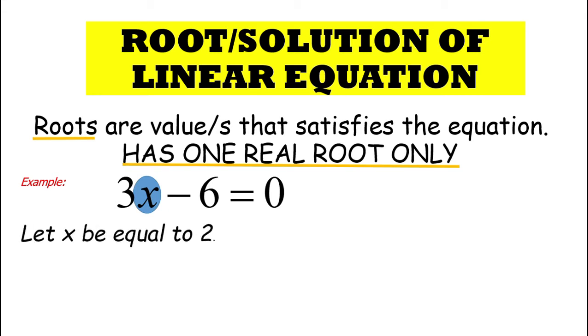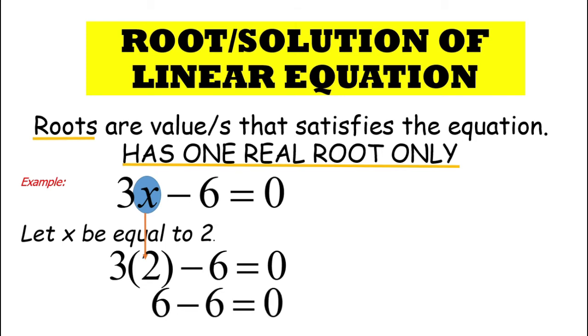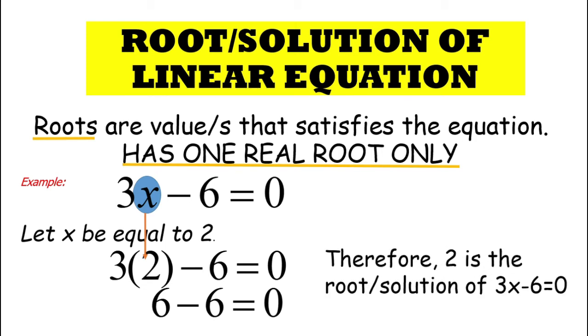So the value of x is equal to 2 because 3 times 2 minus 6 equals 0. 3 times 2 is 6, and 6 minus 6 equals 0 is true. Therefore, 2 is the root or solution of 3x minus 6 equals 0. So again, the linear equation here, 3x minus 6, has only one real root, and that is 2.